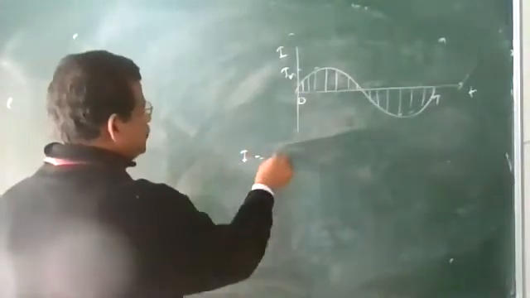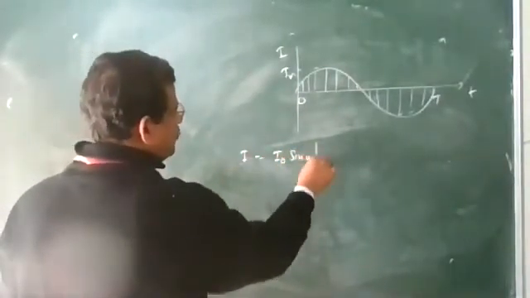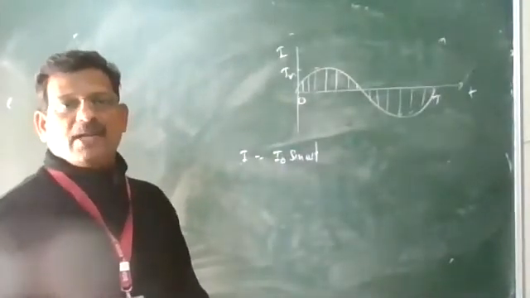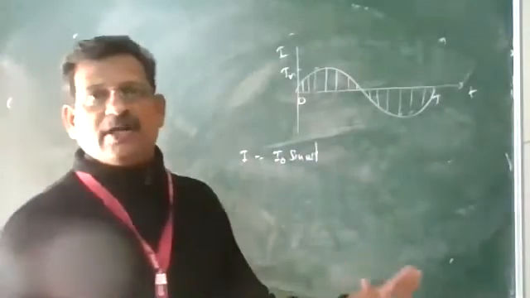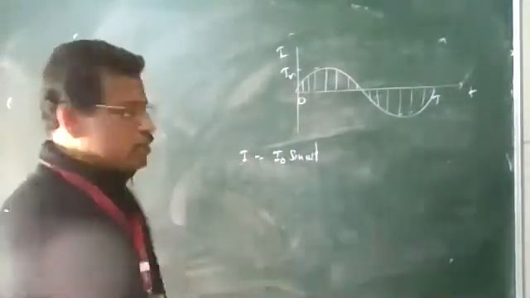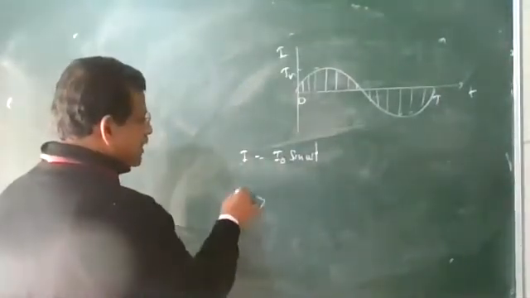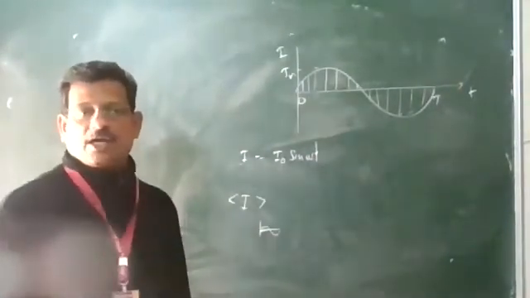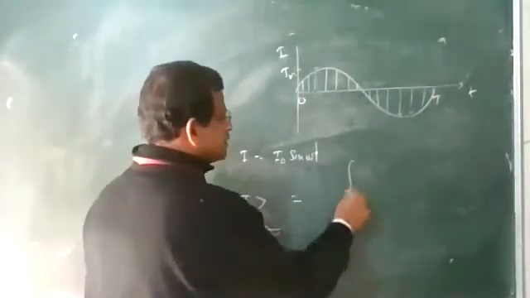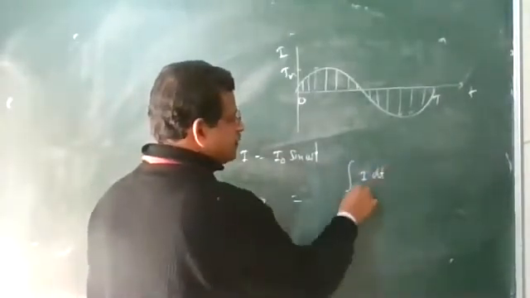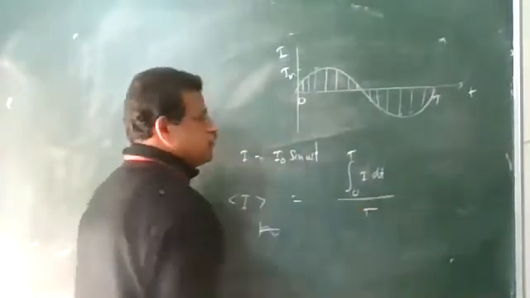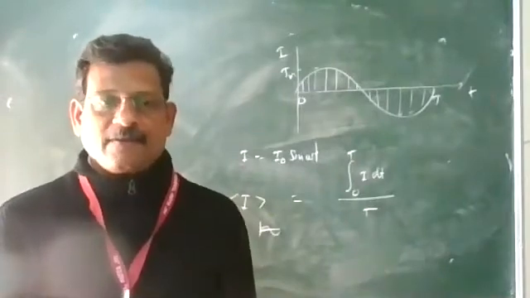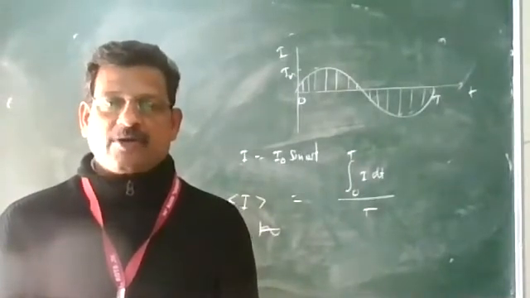So I is equal to I naught sin omega t. And we want to find out the average value over a complete cycle. Average value means you have to add and divide by total time. So we write I average over a cycle, in angle brackets, as the total current, which is the integral of I dt from 0 to T, divided by T. Till what time do we want the average?